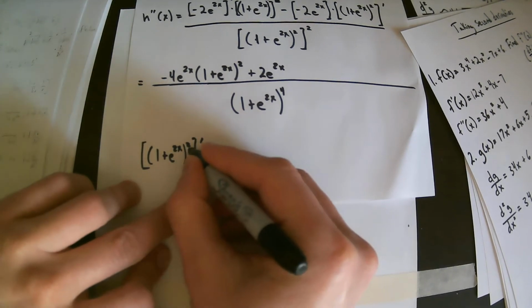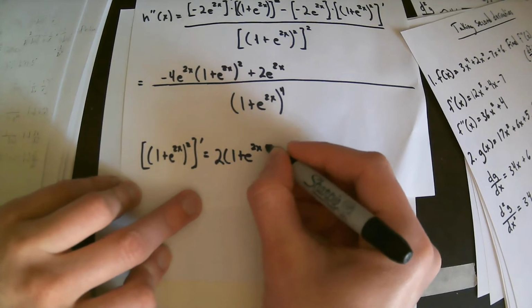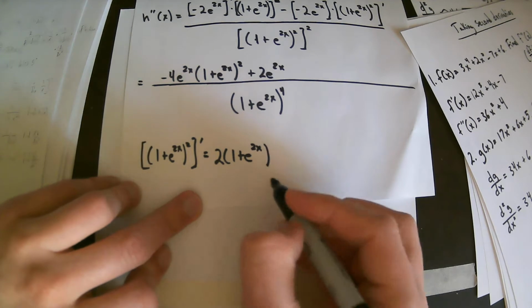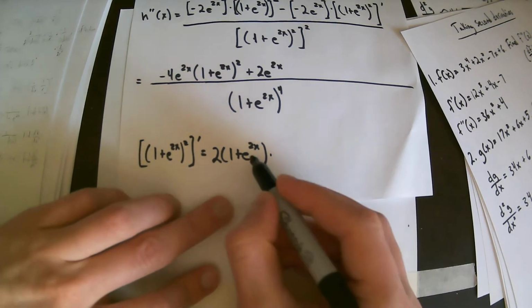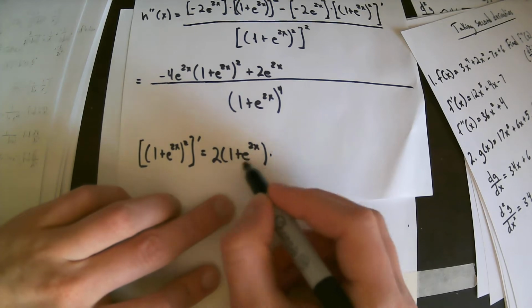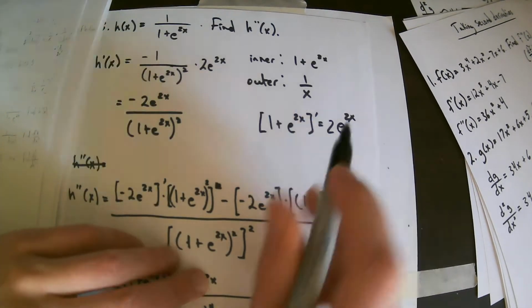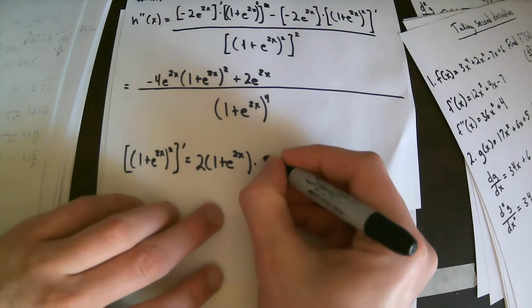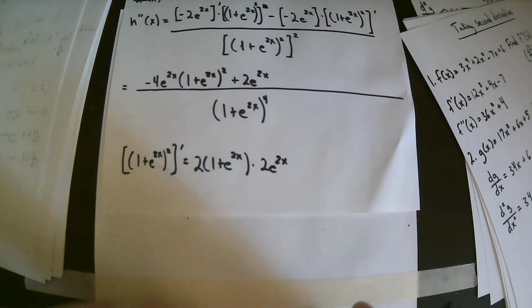You drop the 2. And then with respect to the inner, that exponent is just 1 now. Now times the derivative of the inner, but what's the derivative of 1 plus e to the 2x? It's just 2e to the 2x. That's the little mini chain rule happening inside of the bigger chain rule.